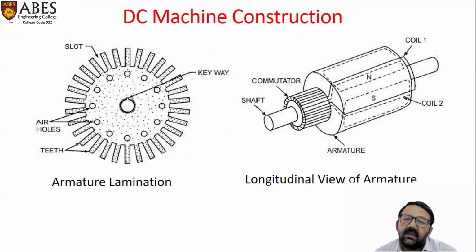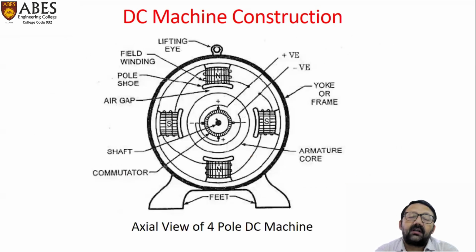As the brushes are stationary, during normal working of the machine there is continuous friction between the commutator and the brush assembly. So in order to avoid any damage to the commutator, it is advisable that these brushes be made of a soft material like carbon. In low and medium rating machines, we prefer carbon brushes.